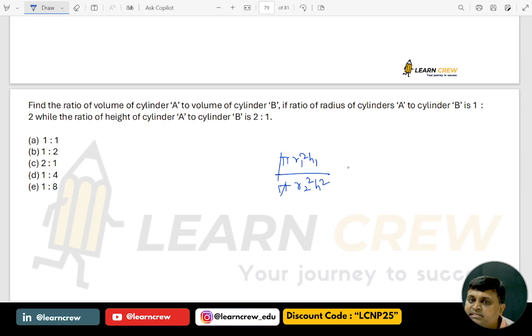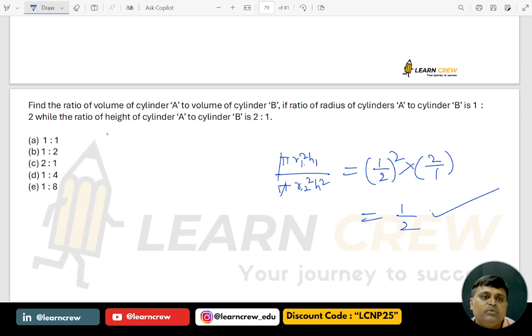So pi cancel. r1 by r2 is given as 1:2. So 1 by 2 whole square into h1 is to h2 is given as 2:1. So finally 2 cancel and you will have one more 1 by 2 here. So 1 by 2 is the answer, 1:2 is the answer.